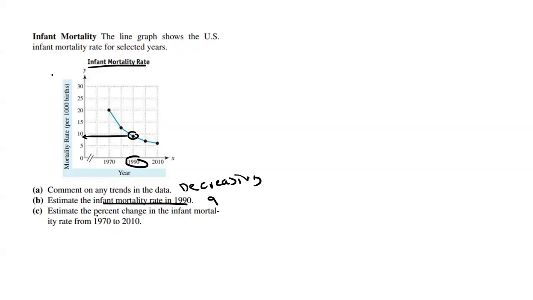And then the last one, estimate the percent change in the infant mortality rate from 1970 to 2010. As noted, the process of finding the percent change is the new minus the old divided by the old, and make sure the new minus the old is in parentheses.